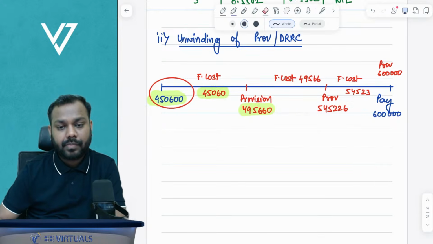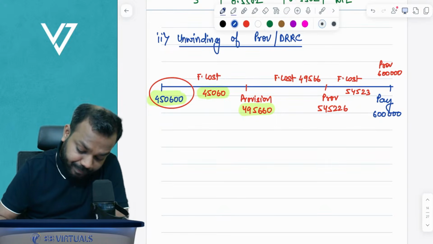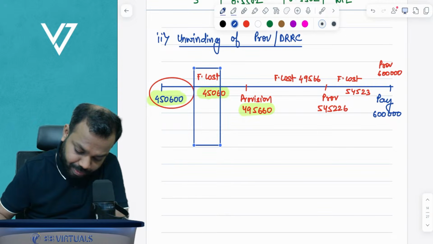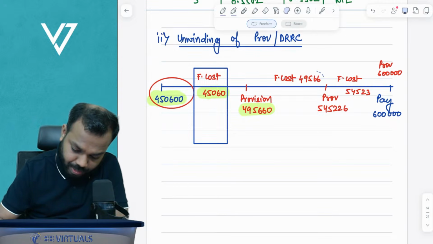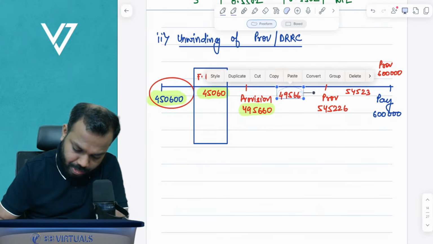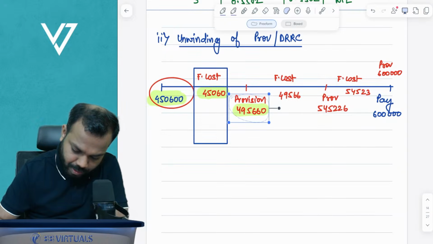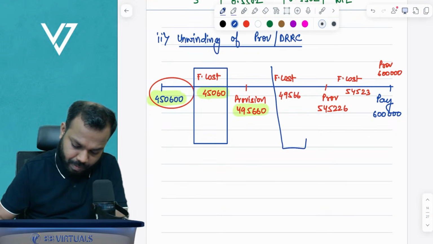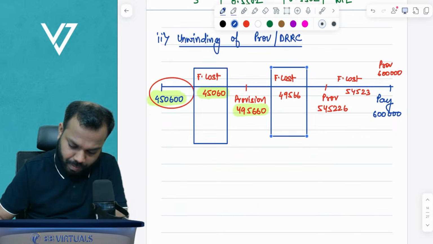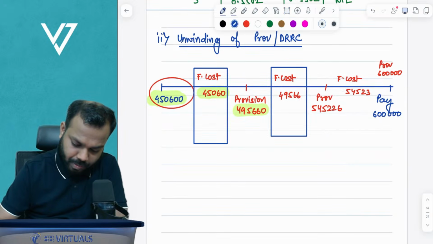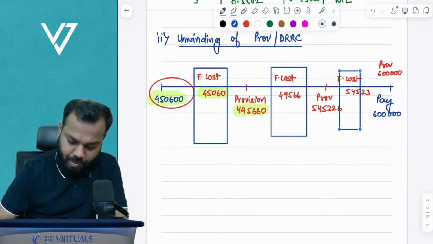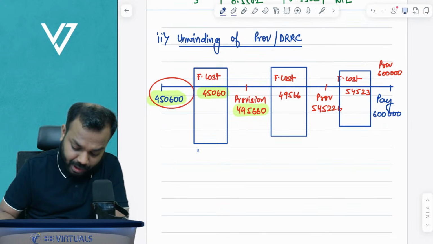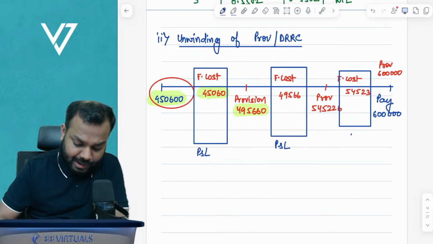So now these finance costs will go where? In P and L.